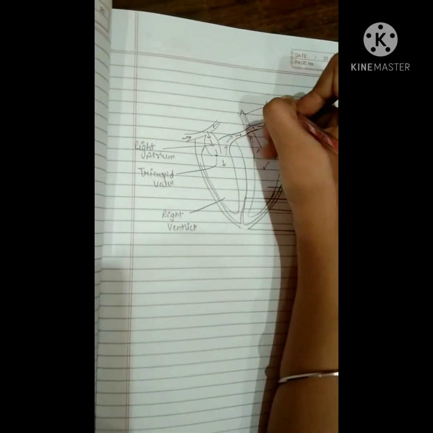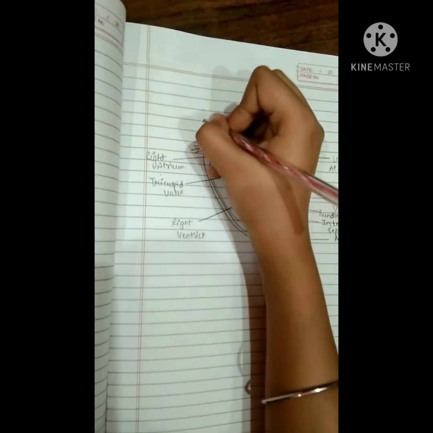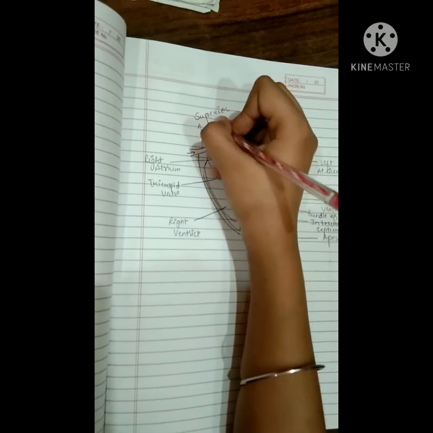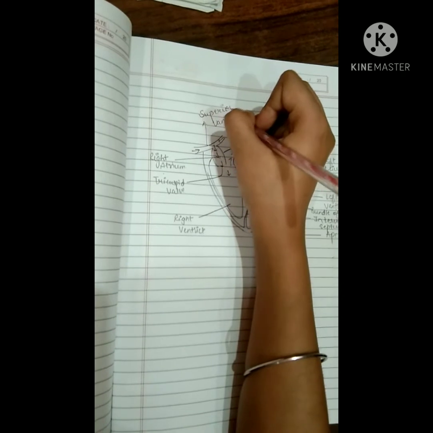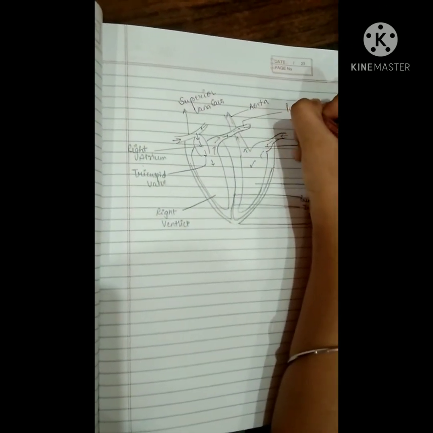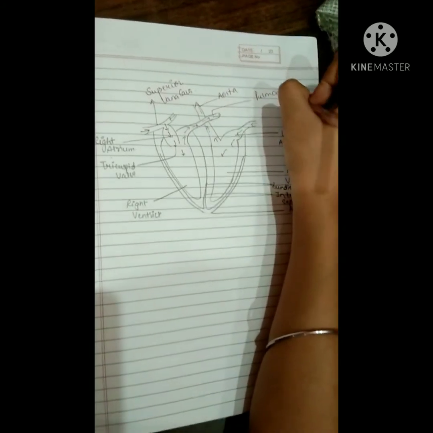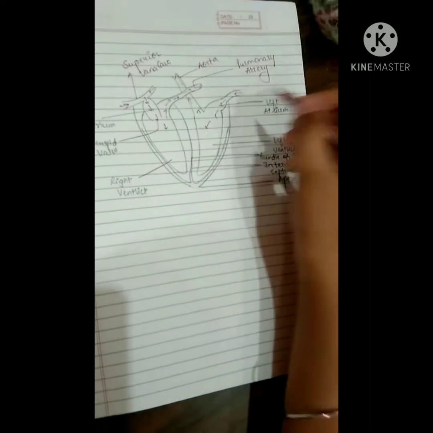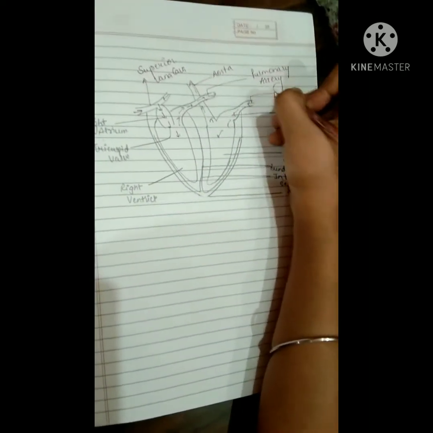It's aorta, superior vena cava, pulmonary artery, and here is the pulmonary vein.